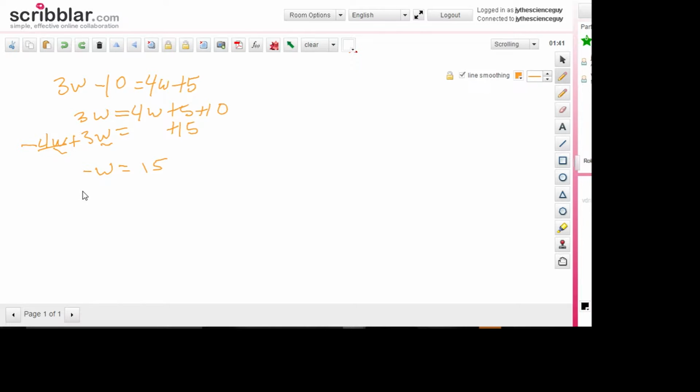Whenever you have a negative sign on your letter, the negative just moves to the other number. So I can literally grab this negative sign and move it over to the other number, and now I have my answer. So that's called combining like terms. And we'll work on that too.